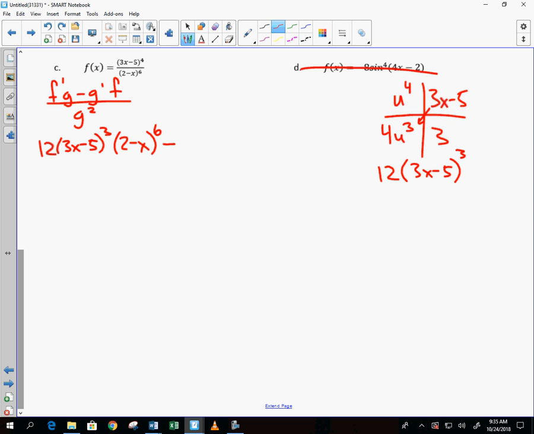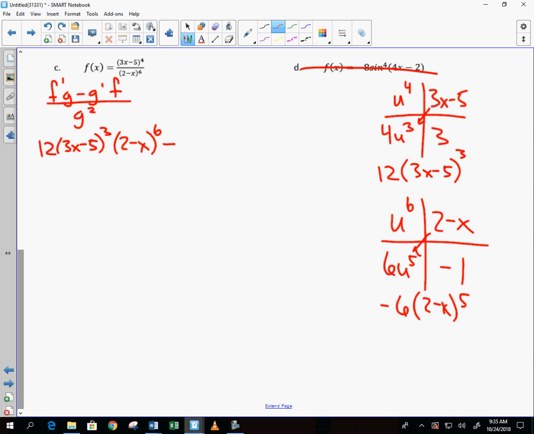Minus, now I got g prime. Chain rule again? Okay. 2 minus x, u to the 6th. What, negative 1? 6u to the 5th? So negative 6 times 2 minus x to the 5th power?